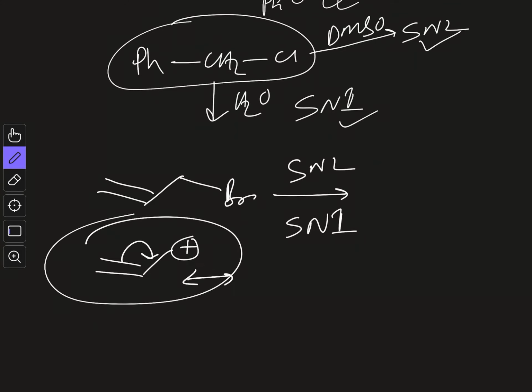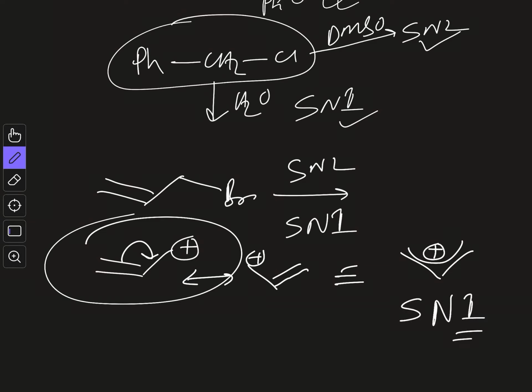So you have two resonating structures like this, and that's why you have a resonance hybrid. This positive charge is actually delocalized here, and that's why it is a very stable carbocation. So it will give a higher rate of SN1 reaction.